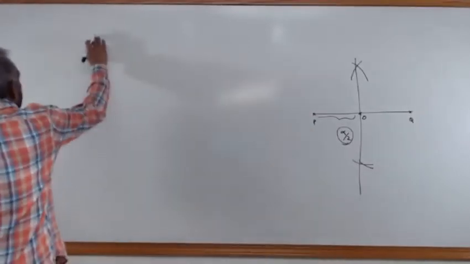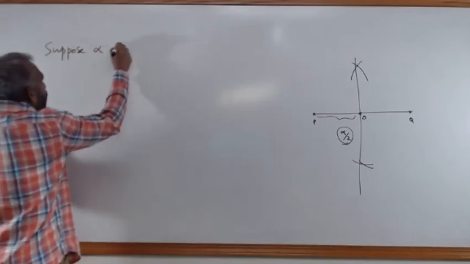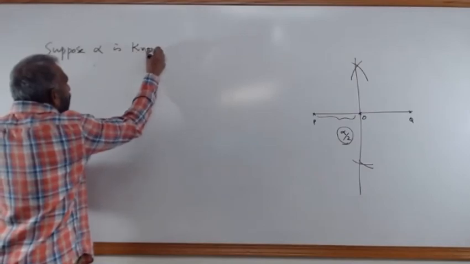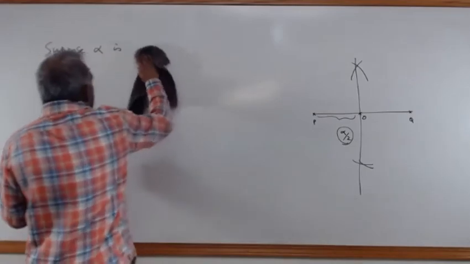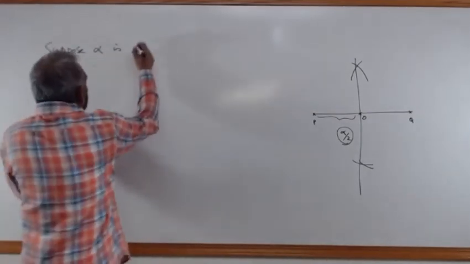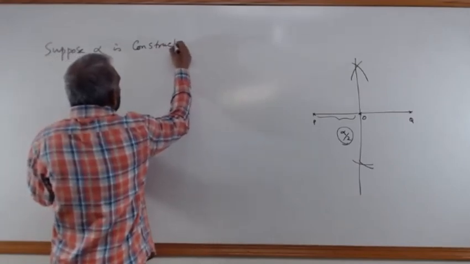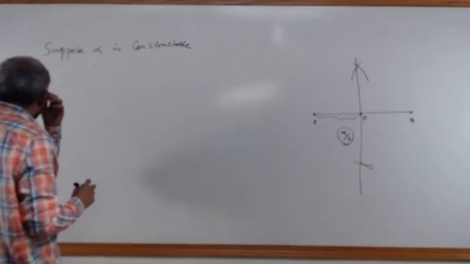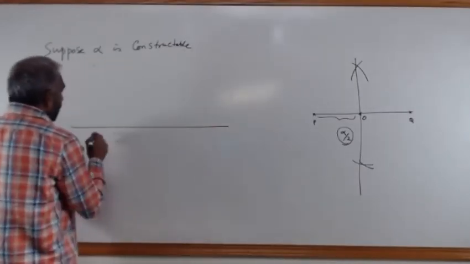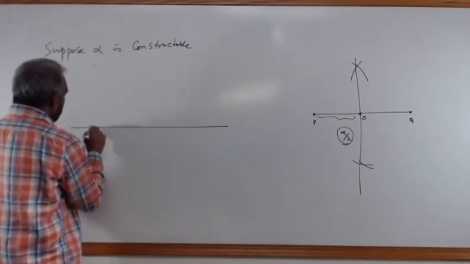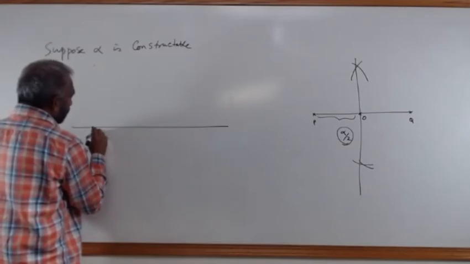Okay, with this, suppose alpha is known or alpha is constructible. Then what you do is you draw a line and you start from one point, you take one unit.